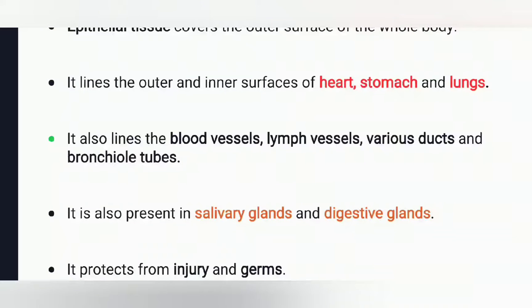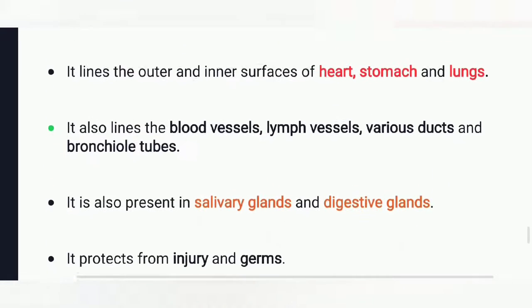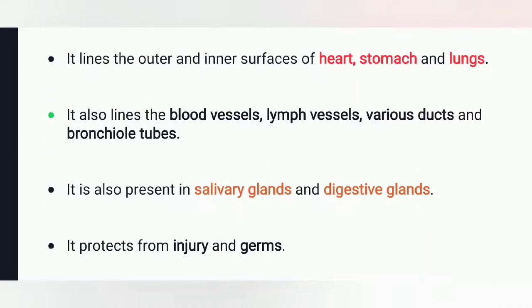Where do we find bronchioles? In the lungs. The small air sacs found in the lungs are called bronchioles. These bronchioles are connected with tubes. So this epithelial tissue lines these things also, the inner part of the blood vessels, lymph vessels, various ducts and bronchial tubes.